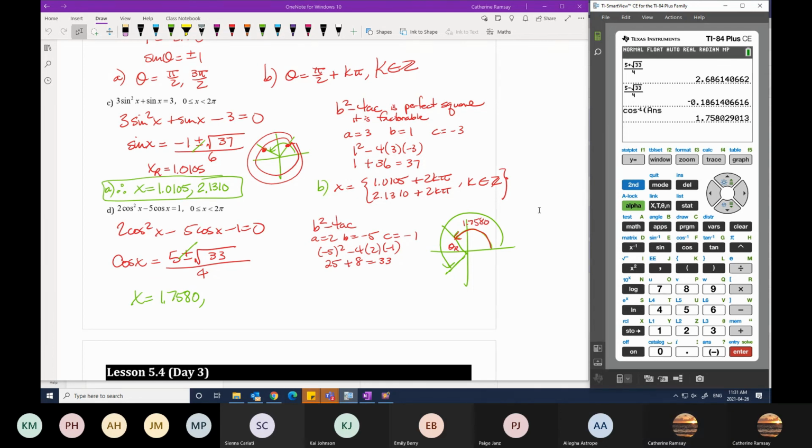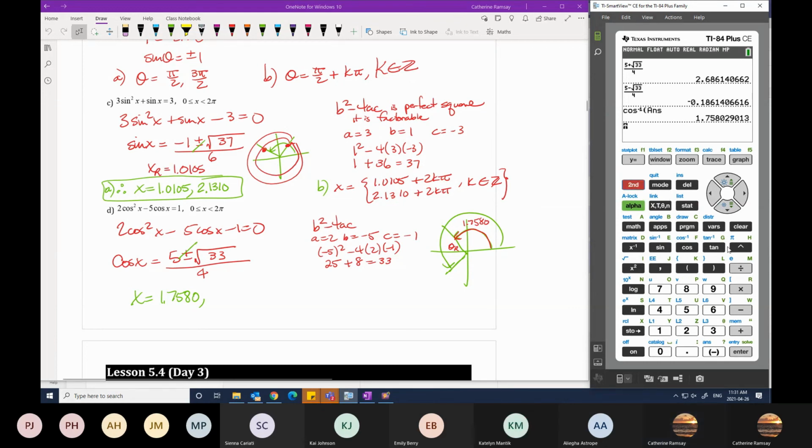Does anybody think they know how I could find the reference angle? So 1.7580 is the actual angle, but I need to take pi and subtract that? Yes, very good.